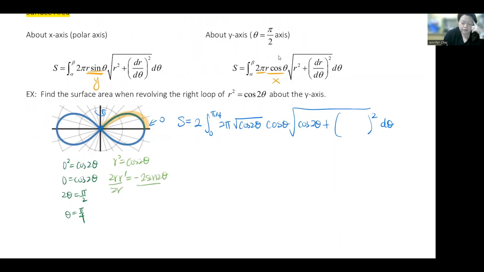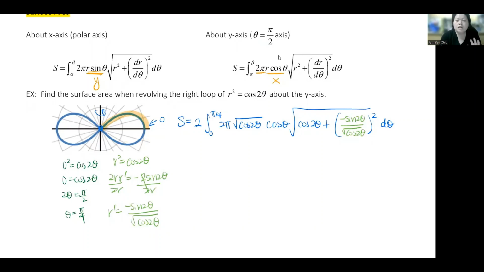Divide by 2r, divide by 2r. R prime equals negative sine of 2 theta over r, and r is root cosine of 2 theta. All right, so again, if you were to square root both sides, you will get the exact same answer. I just prefer this because I don't have to deal with the roots right away. I deal with it at the very end. All right, so that's negative sine of 2 theta over root cosine of 2 theta.